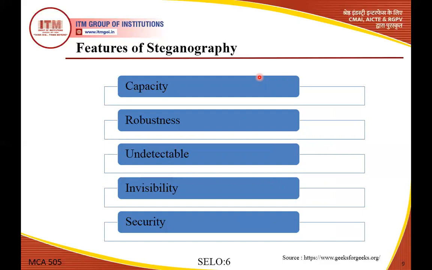After that, undetectable. Undetectable means the plain text which is hidden using pin punctures, invisible ink or typewriter characters cannot be detected by a normal person, who cannot tell that there is a message hidden in it.